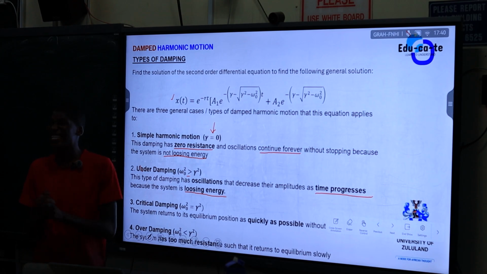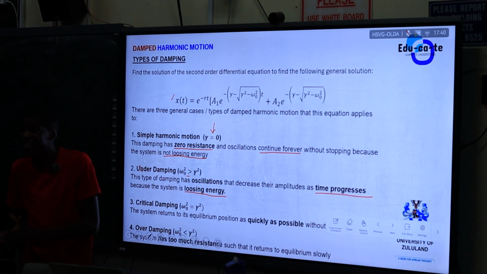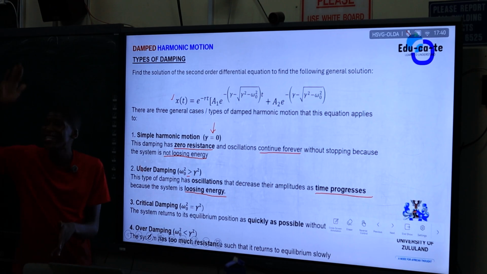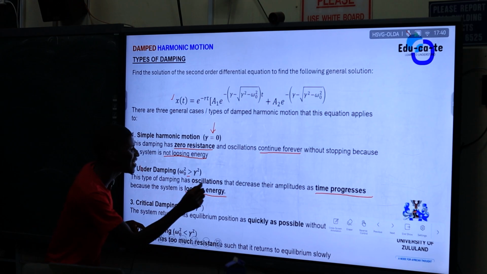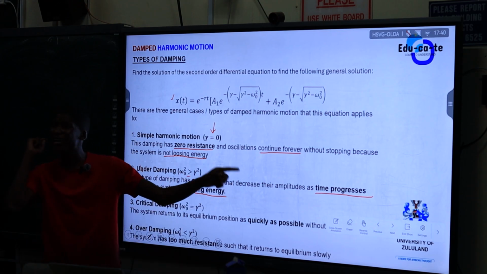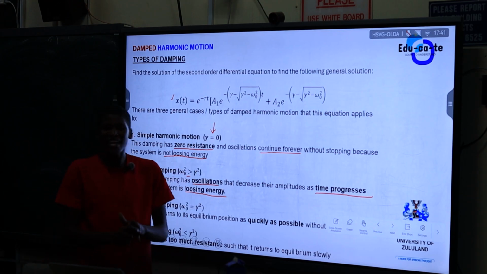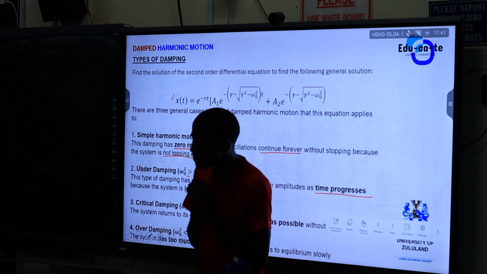That's why we say it's under damped. It oscillates, similar to a simple harmonic motion. But the amplitude is decreasing, because the system is losing energy. But the oscillations continue to happen. They have oscillations, but they decrease in amplitude.